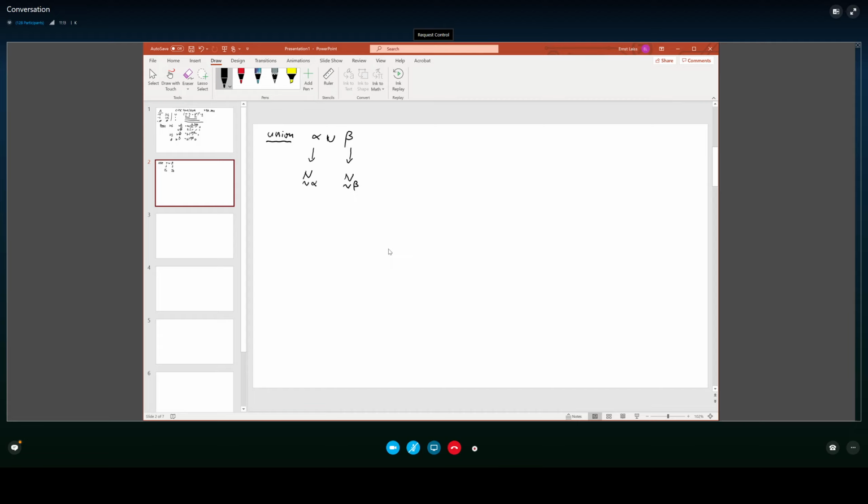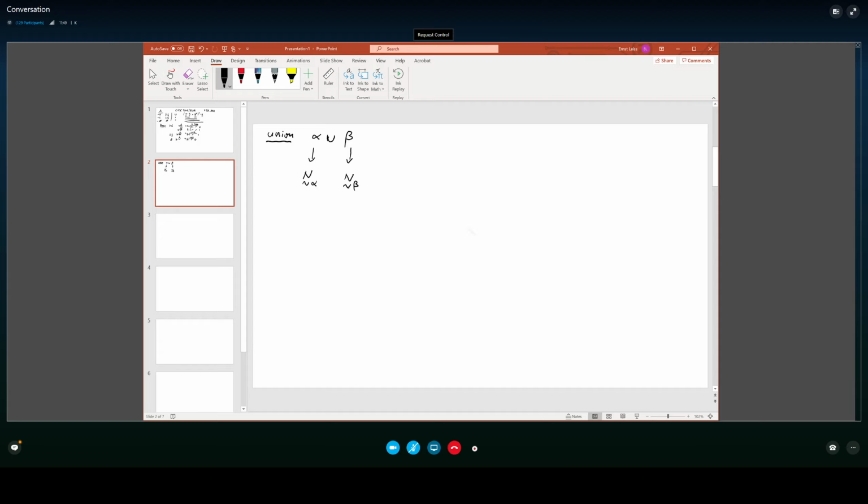So what we need then is we assume we have these 2 non-deterministic finite automata, and then we want to construct a union automaton, an automaton that corresponds to the union, which of course means it has to accept everything that alpha accepts as well as everything that beta accepts.